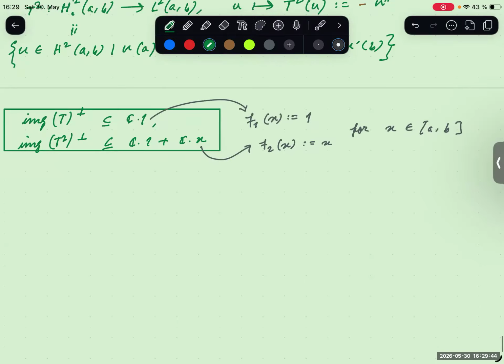Now let us prove this. Maybe I can use a proposition, or maybe a lemma. Let me write it as a lemma.